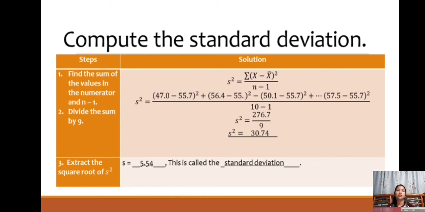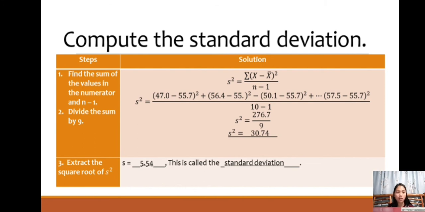So the steps. First is using the formula (x minus mean) squared over n minus 1. So 47, that is the first data, minus the mean that we got a while ago, that is 55.7, then squared.